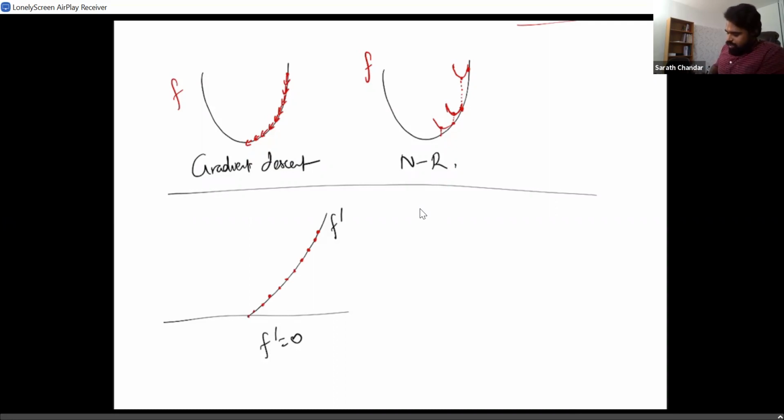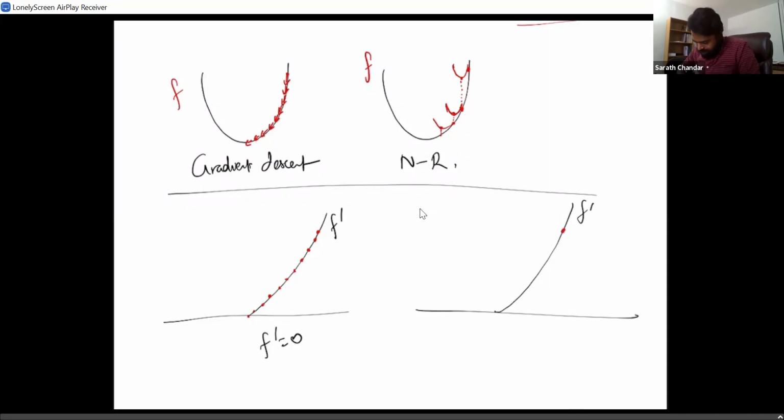On the other hand, Newton-Raphson, if you are at this particular point, computes the tangent and uses this tangent to reach the next point. Then from here, another tangent, and you reach this place and so on.